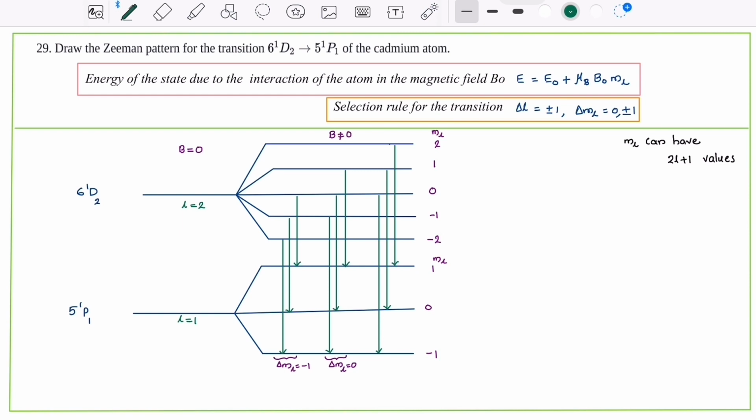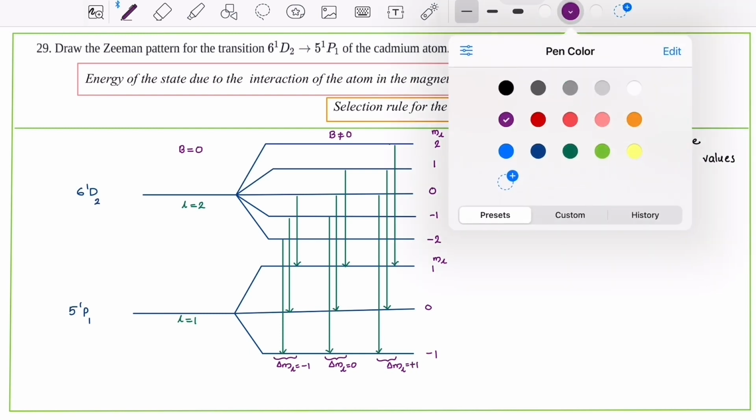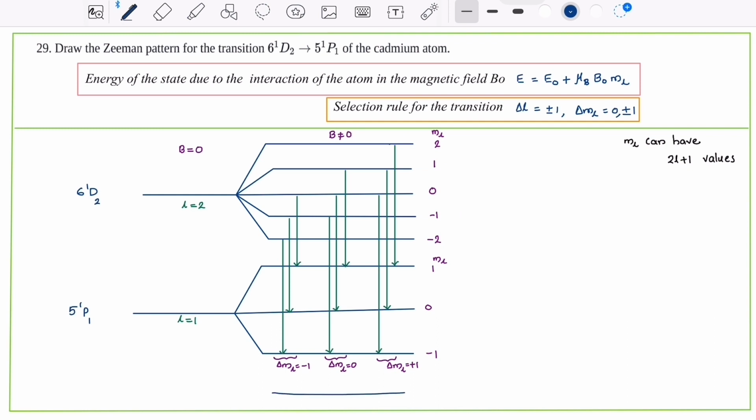So there are actually 9 transitions, but we will get 3 spectral lines because all the transitions corresponding to delta ML is minus 1 will appear as a single line, delta ML is equal to 0 appears as another line, and delta ML is equal to plus 1 will appear as another line.